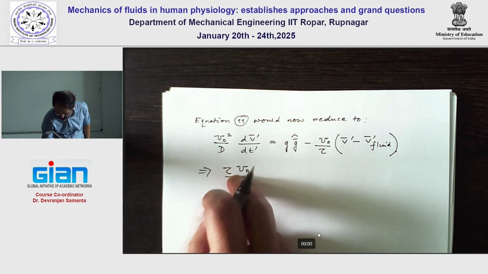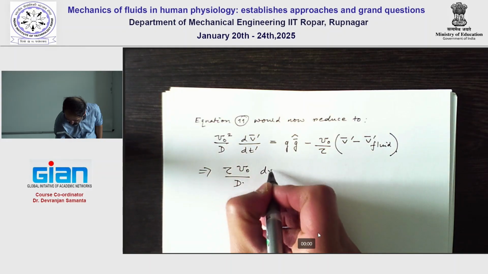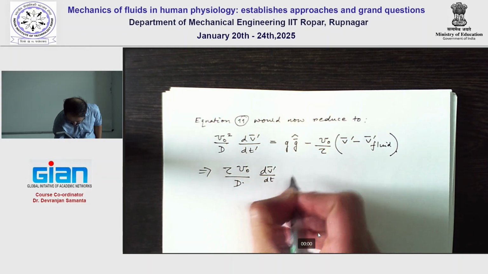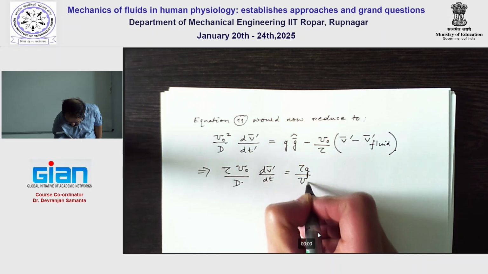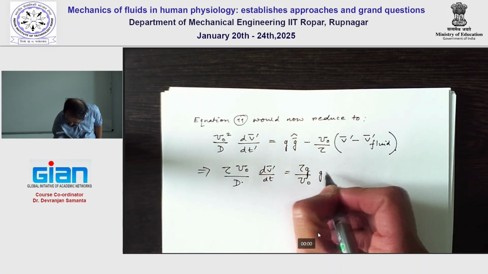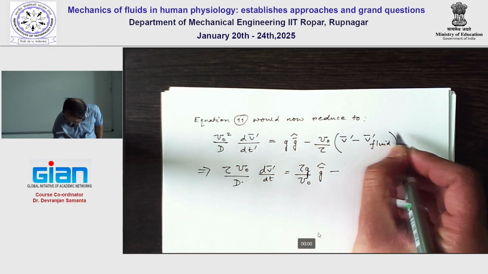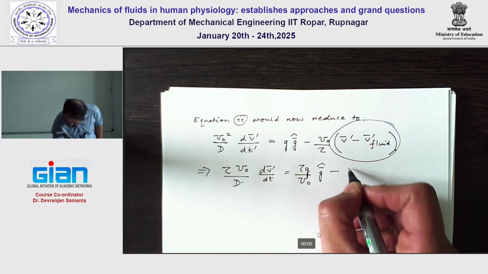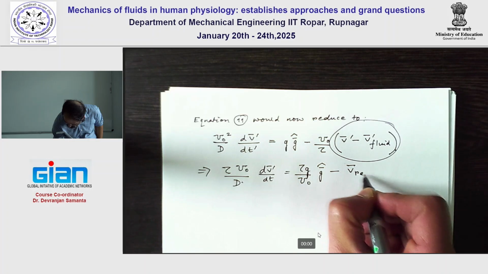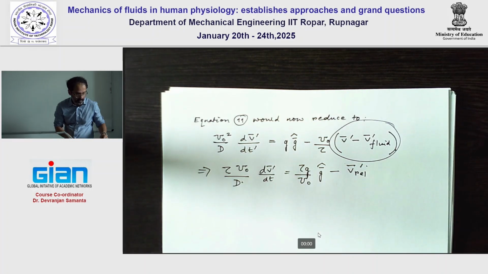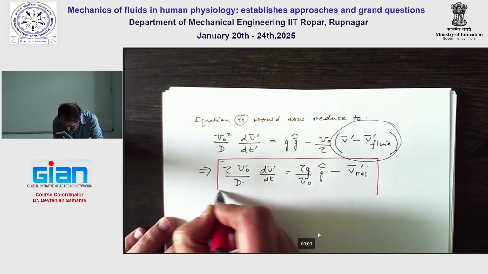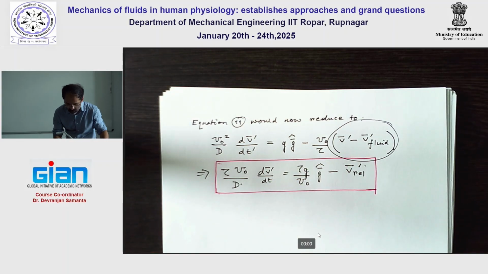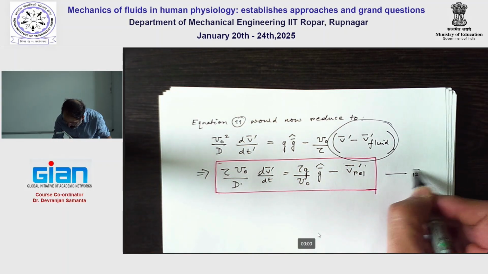But for now, tau U naught over D times dV bar prime over dT prime is tau times G over U naught times G bar hat minus this particular term over here, which becomes V relative. So let's block this equation out. Let's call this equation 12.